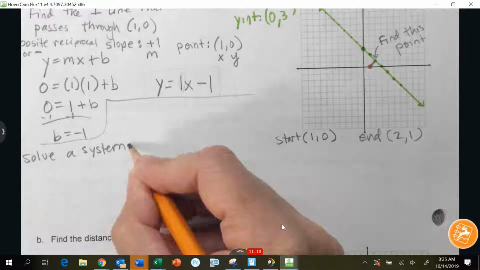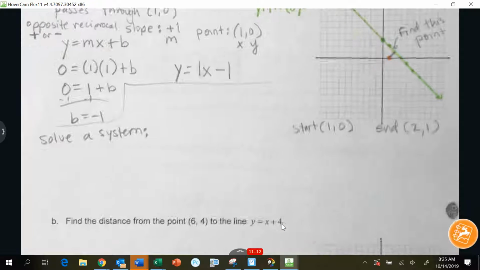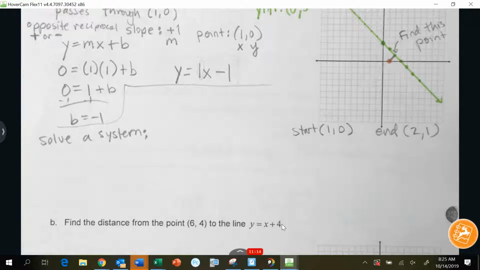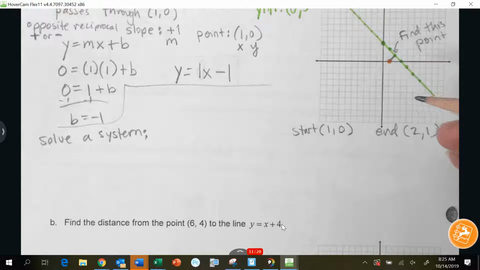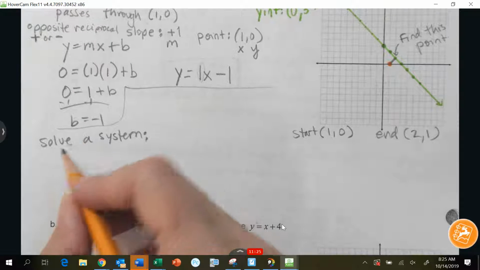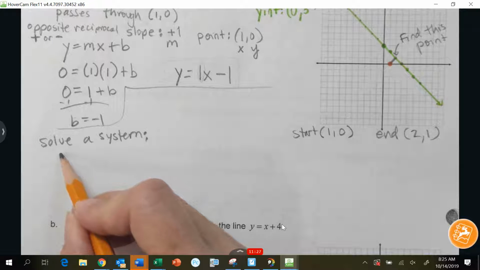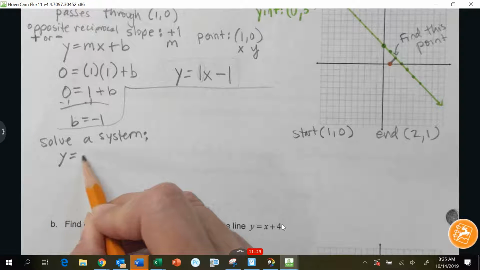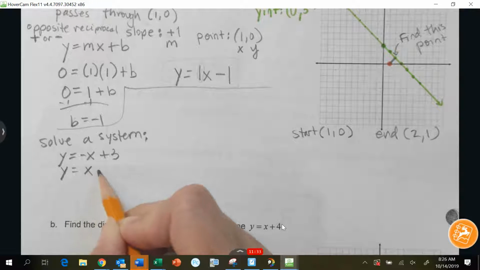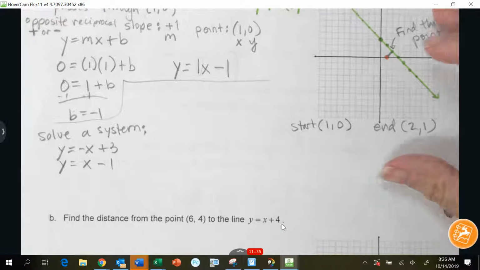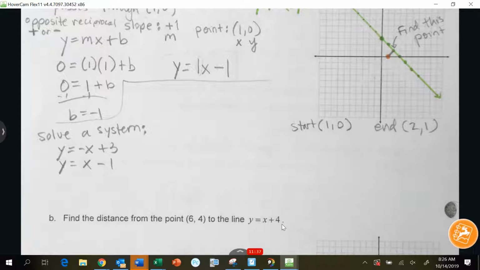And this is actually something that is used in all math, and it is used in business applications. You're not going to see it from this graph, but I promise you this is something that is used a lot. So to solve this system, we're going to have two equations, and the two equations would be each line. y equals negative x plus 3, and y equals 1x minus 1. So we have our two equations. This is a system. We're going to try to find out when they are both equal to each other.